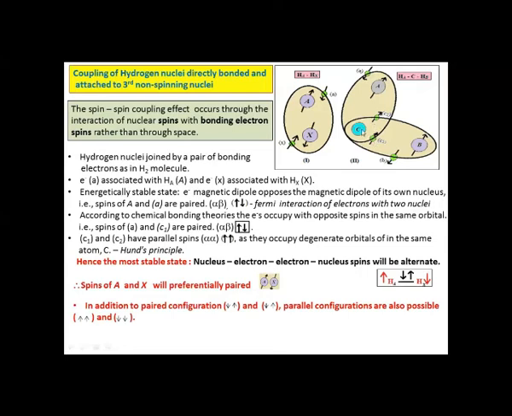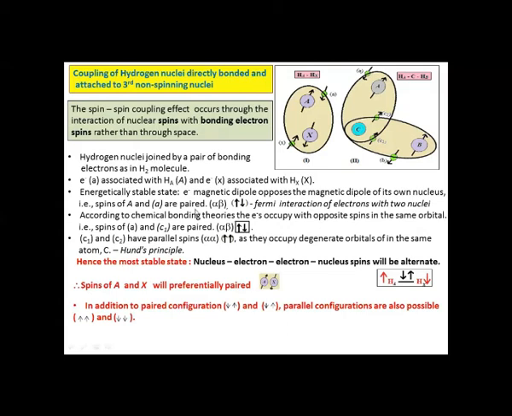After that, in the bonding between the carbon atom and the B proton, again the C2 electron spin and the electron spin of B should be paired.